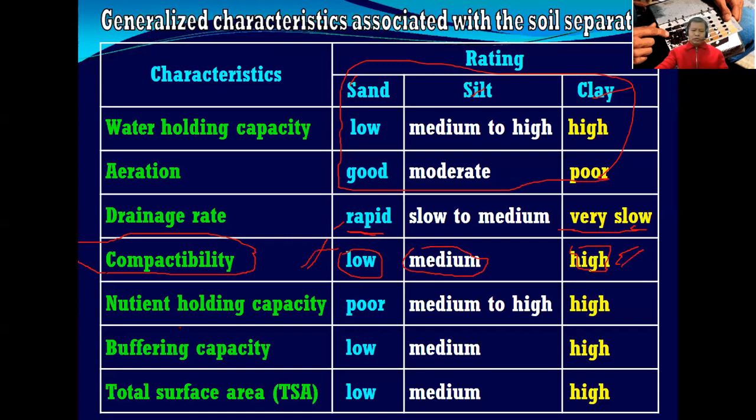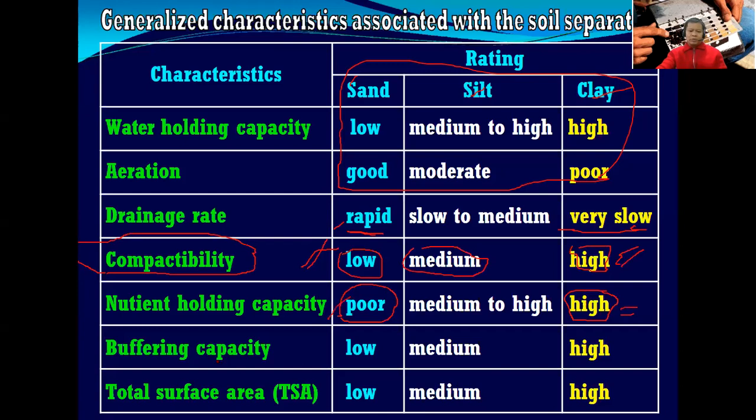Okay? So nutrient holding capacity, so ibig sabihin, sand will hold small amounts of nutrients and clay will hold high amounts of nutrients. So ngayon, mas fertile yung clay kumpara sa sand.